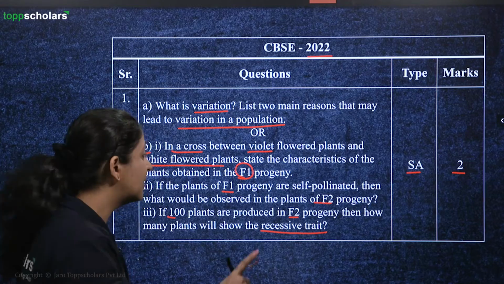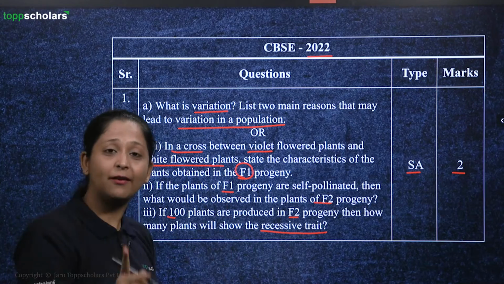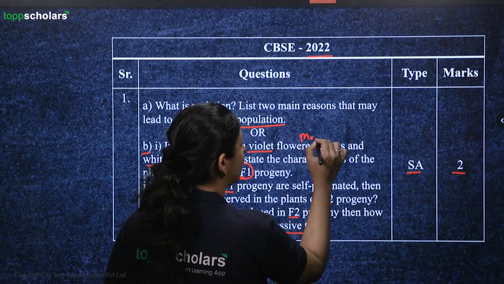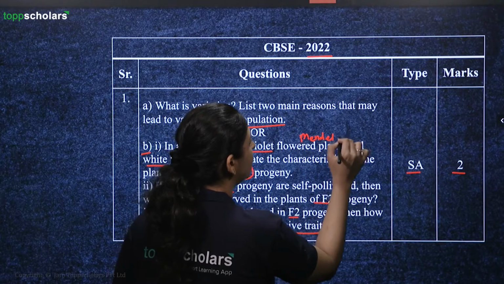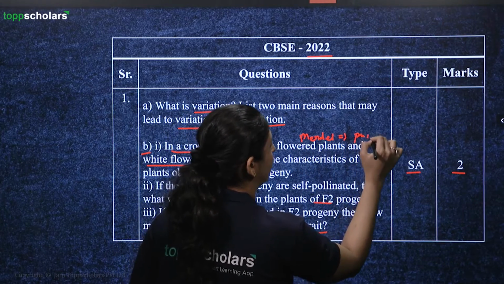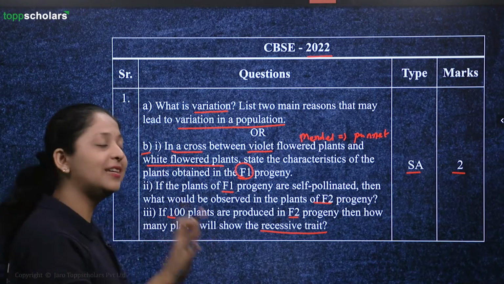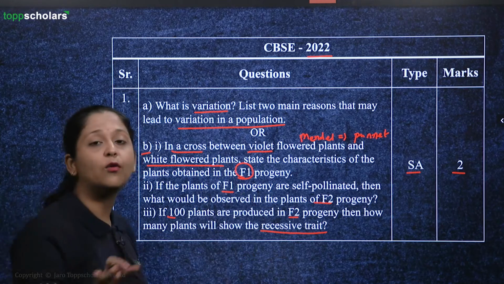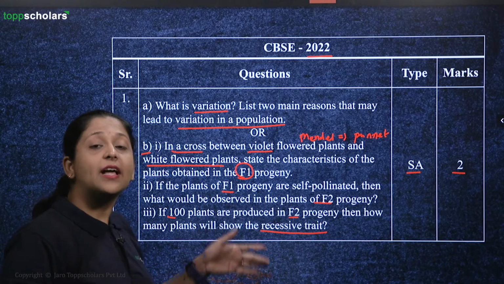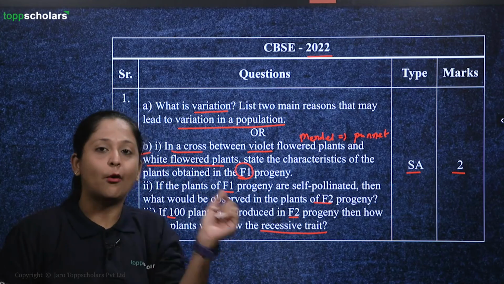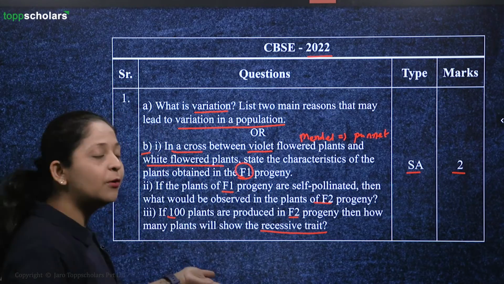So to answer this one question, what you have to do is just one thing. Do the Mendel's cross using a Punnett square. That's it. By doing this, you will be able to easily get the answer for all of these questions here. And that is even faster. Rather than writing the whole paragraph, writing the pointers for everything, just put it down into a Punnett square.